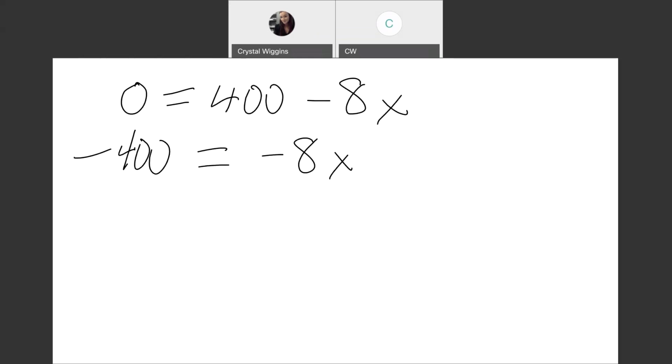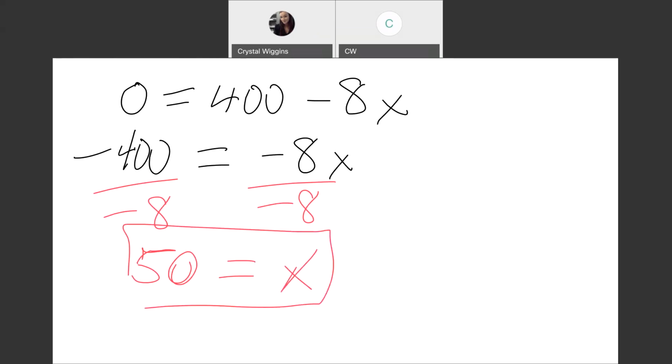Let's then take the negative 8 and divide on both sides. So negative 400 divided by negative 8 gives us a positive 50. So x equals 50 feet.